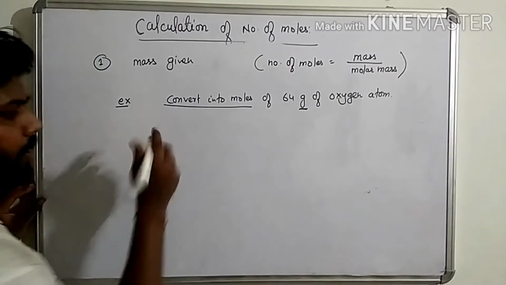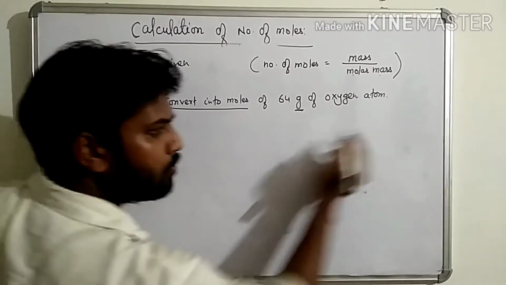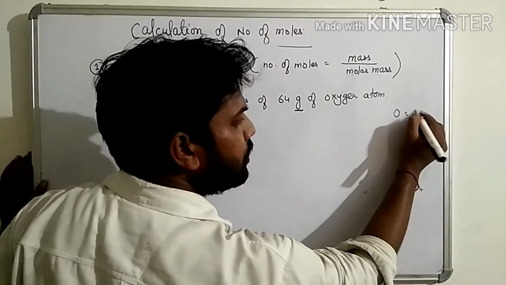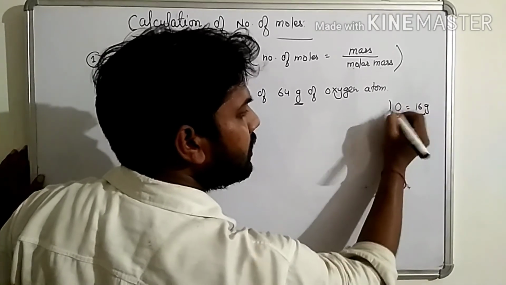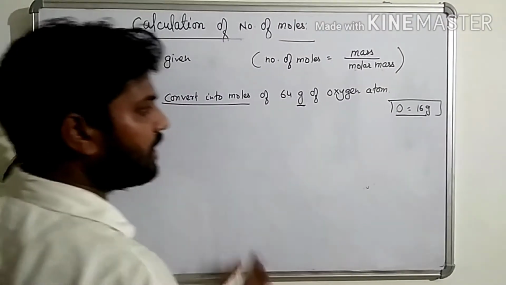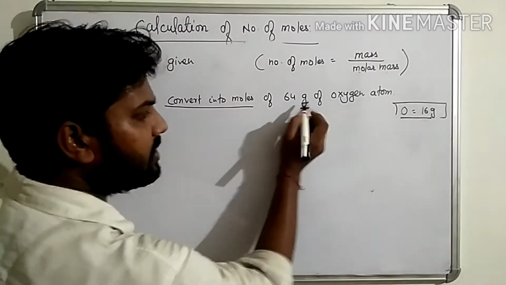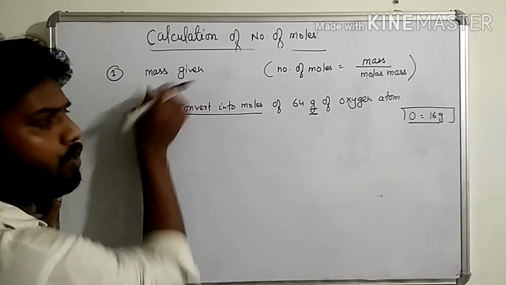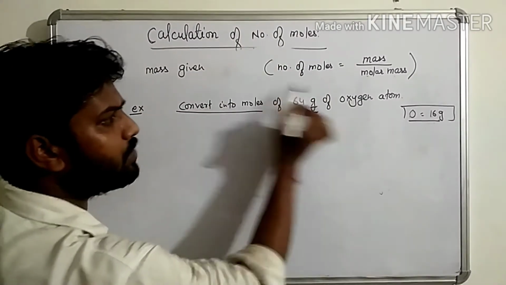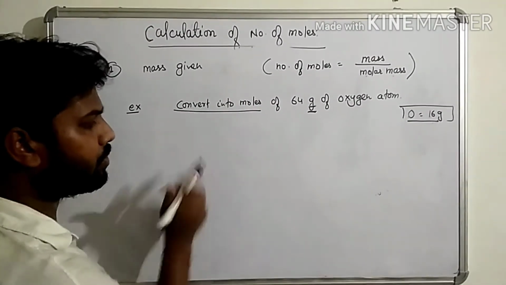Now number of moles is equal to mass upon molar mass. So oxygen atom contains 16 gram, meaning the molecular mass of oxygen is 16. Clear? Here gram is there, children, so it means mass is given, and if mass is given, then with the help of this formula we can calculate its number of moles.